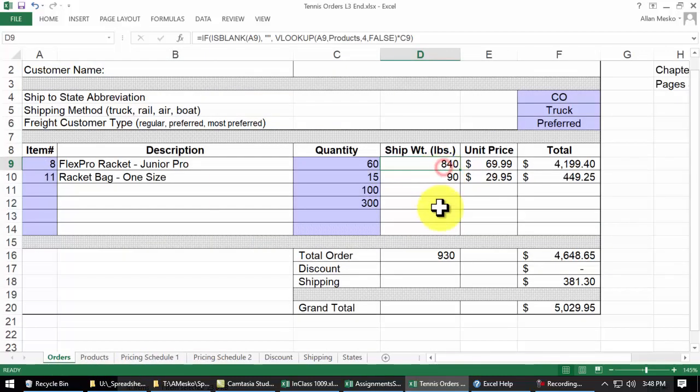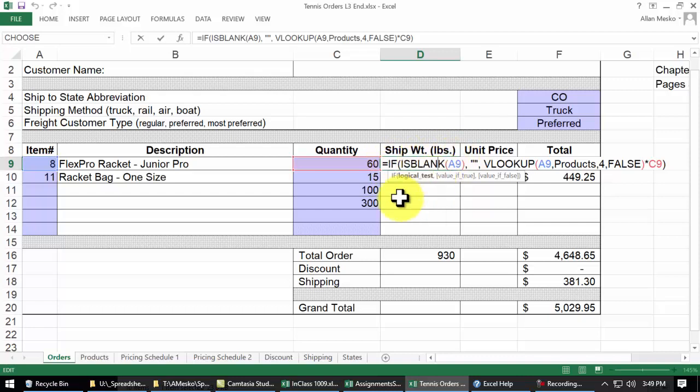And it says 840 pounds. Again, the only new thing is the IS BLANK, using the IF statement so that we can keep our formulas in all these rows and not have to ever recopy them. We just let the user fill this out, and if they fill it out, then the formula shows up.